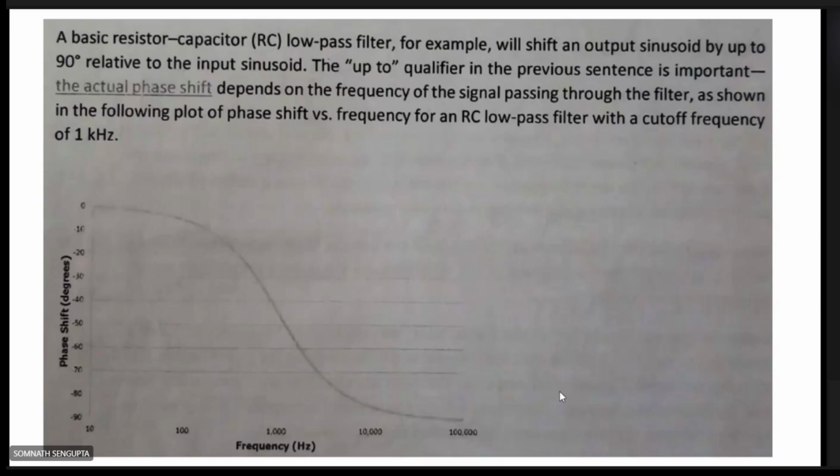Group delay means the delay for individual frequencies. If many signals with different frequencies are there, then the delay for all those frequencies should be constant, same. Otherwise, when you get the output, it will be distorted.